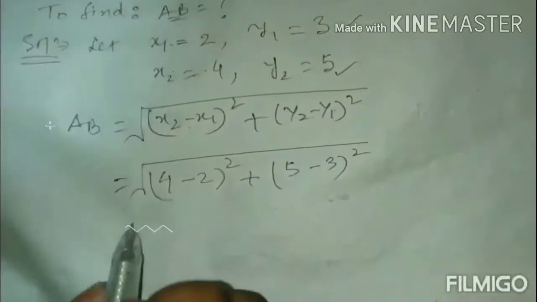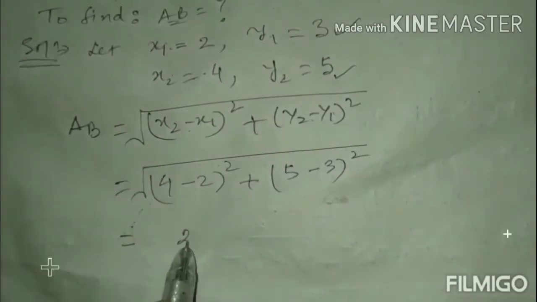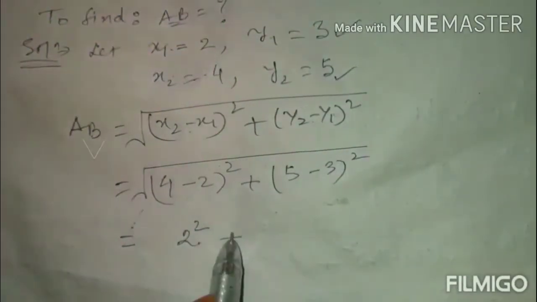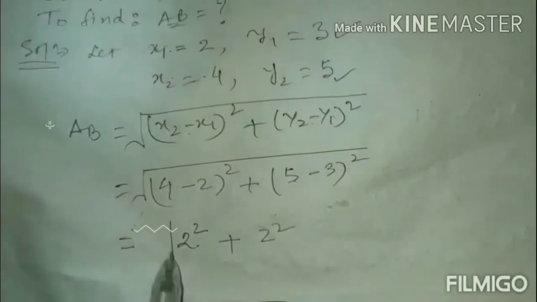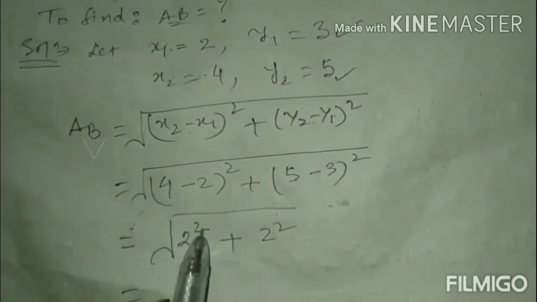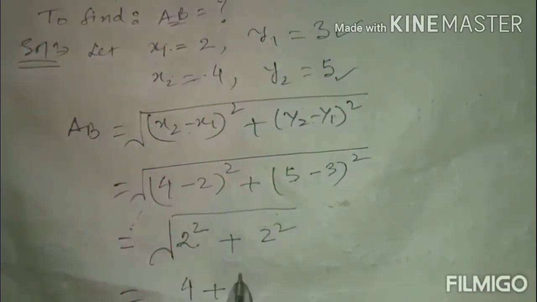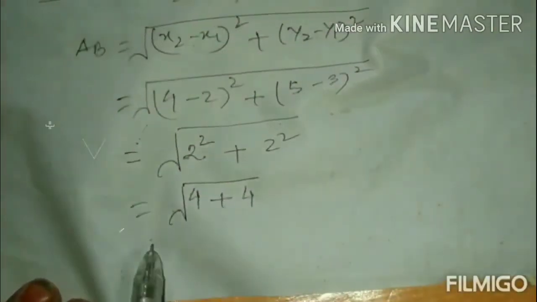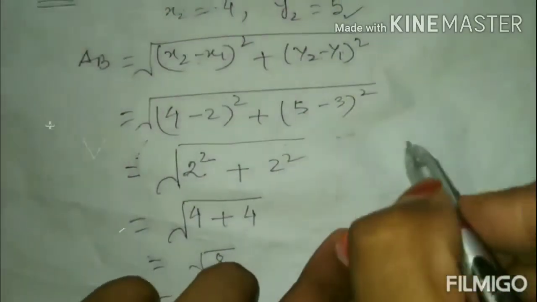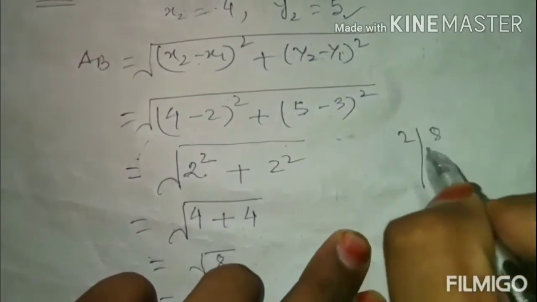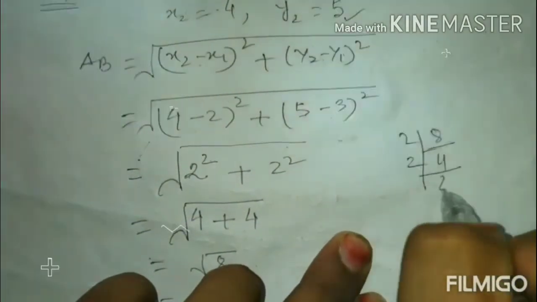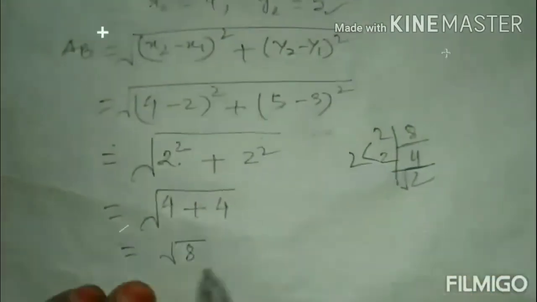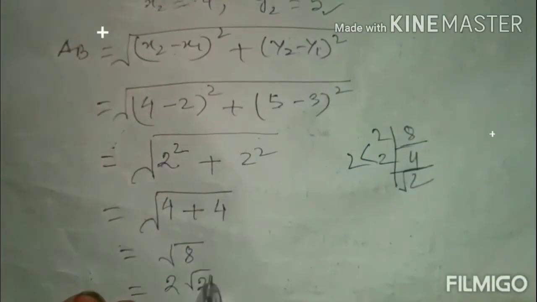So 4 minus 2 is 2, square; plus 5 minus 3 also 2, square, all under root. 2 square is 4 and 2 square is 4, so root over 8. Root over 8 will be what? You do one thing, prime factorize: 2, 4, 2, 2, so 2 root 2. That will be our answer.